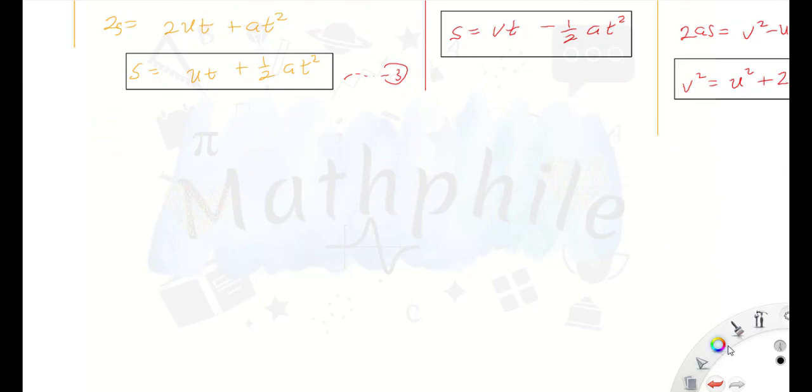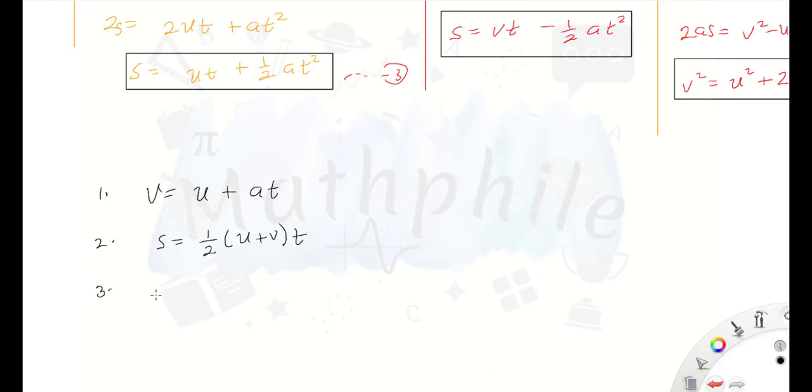So the first one is v equal to u plus at. The second one that we've been using to derive this is s equal to 1 over 2 times u plus v, multiplied by t.